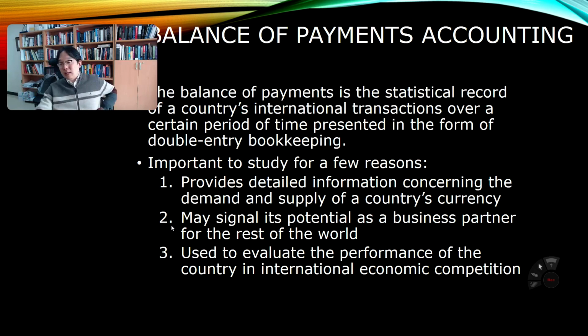Now, anyway, getting back to the important reasons to study balance of payments, right? Number 2, I did it. Number 3, the balance of payments is used to evaluate the performance of the country in international competition. So, export and import, who is exporting more, who are more dominant figures, all these kinds of things. You can see it in those numbers over here.